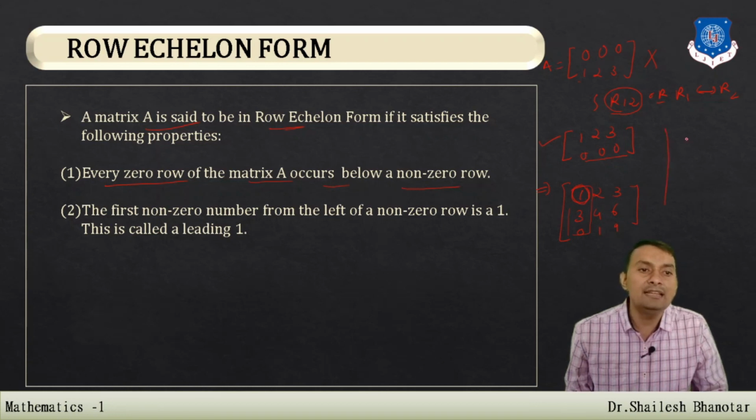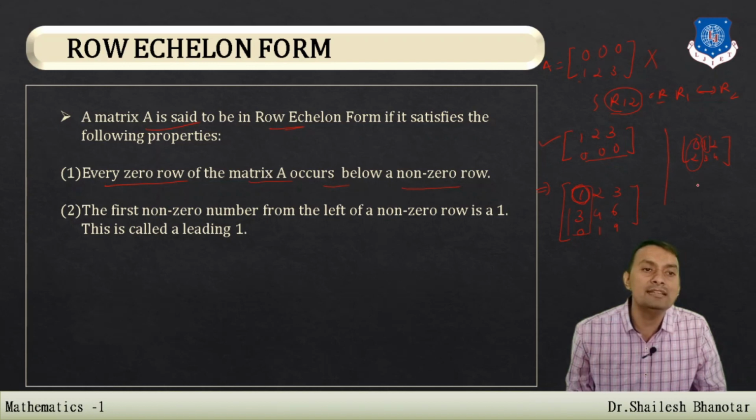Suppose you are given the matrix with rows 0 1 2 and 2 3 4. Whenever we consider the first row, from the left-hand side 1 is the first non-zero entry. But for the row echelon form, the first entry of the first column must be non-zero.